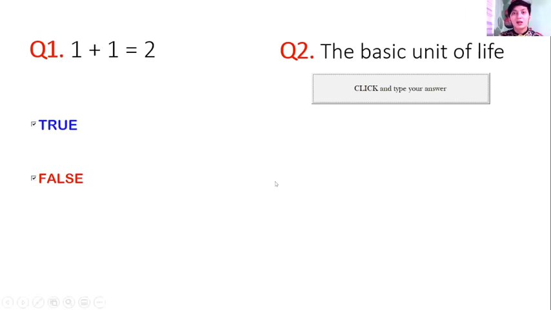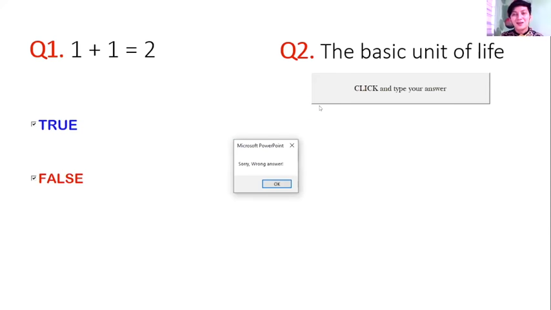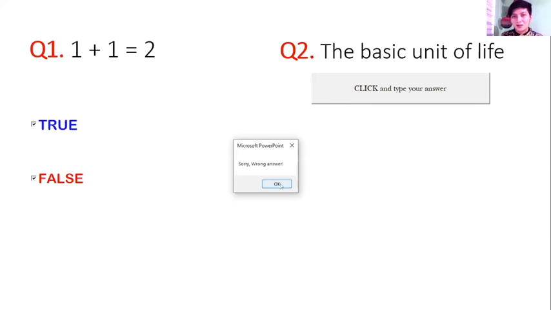But what if you're incorrect? Let's type tissue. When you click OK, "Sorry, wrong answer." The same happens if you do not follow the direction here. For example, you answer cell but you didn't capitalize all the letters: "Sorry, wrong answer."